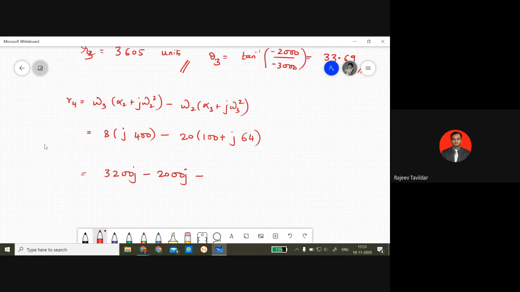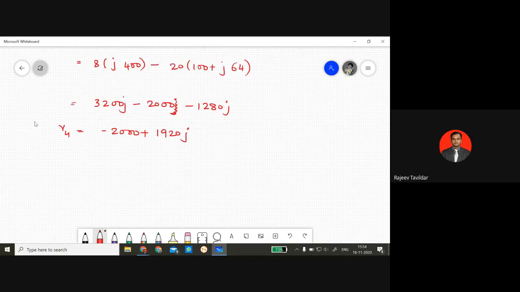Minus 1280 j. So this will be minus 2000 plus, this is 3200 minus 1280, so 1920. So this is what you are getting for R4: minus 2000 plus 1920 j.